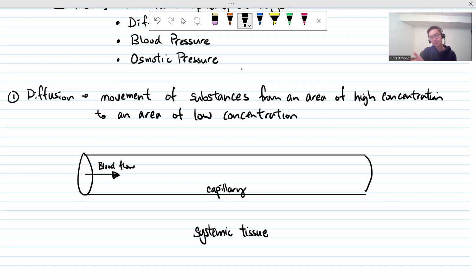The left side of the capillary is connected to an arteriole, so we call this the arterial end. And then the other side is connected to veins, which we'll call the venous end.